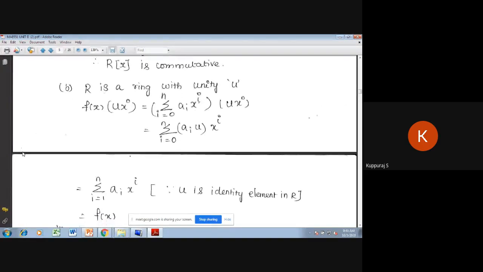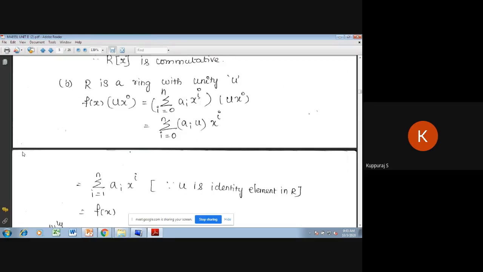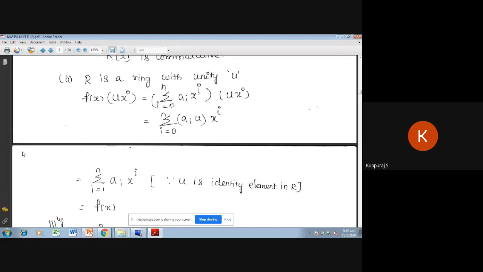Initially, f of x is multiplied with u into x power 0, and we get f of x.